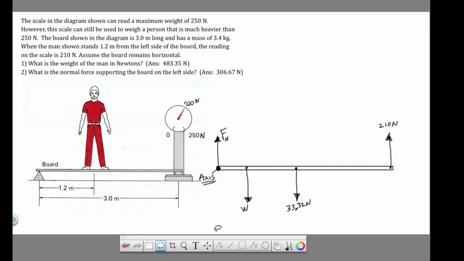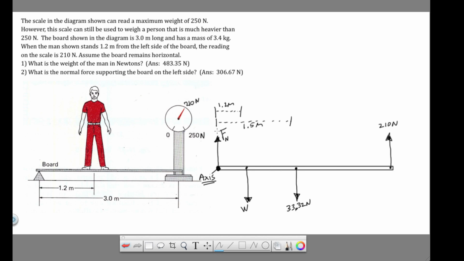Okay, so let's label the distances. Our axis is here on the left. So the distance from the axis to the weight of the man, that's 1.2 meters. The distance from the axis over to the center of the board, which is where we drew the weight of the board, that distance is 1.5 meters because the whole length of the board is 3.